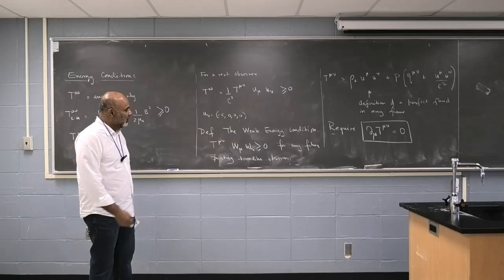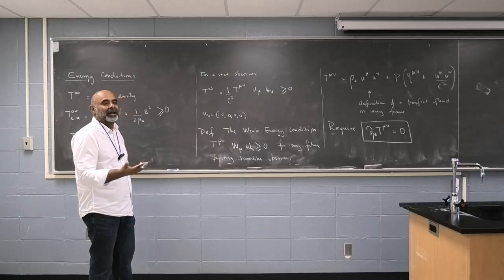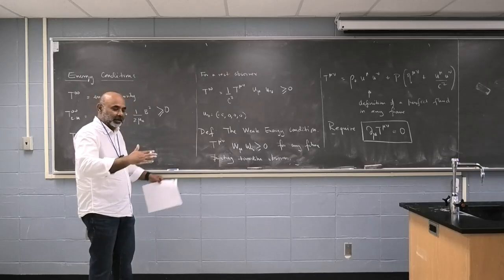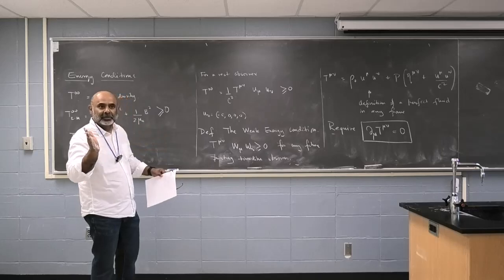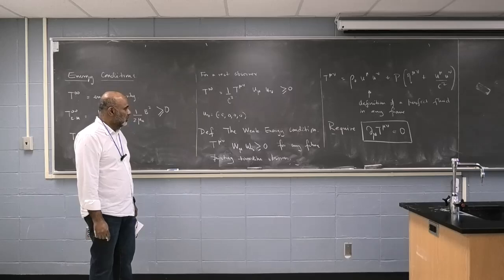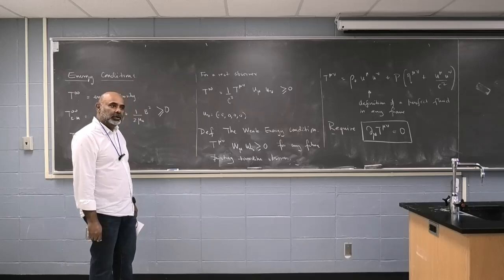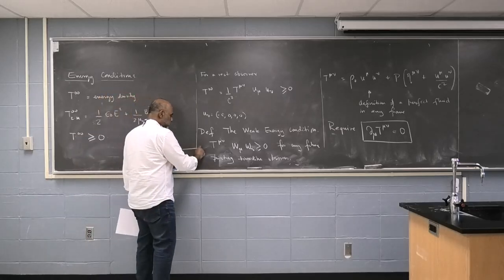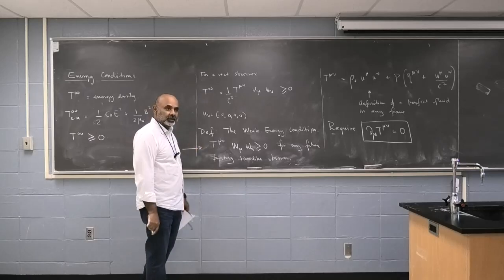By continuity, this should be true for light-like observers as well, because time-like approaches light-like. This is the weak energy condition. We require all T mu nu to satisfy this.